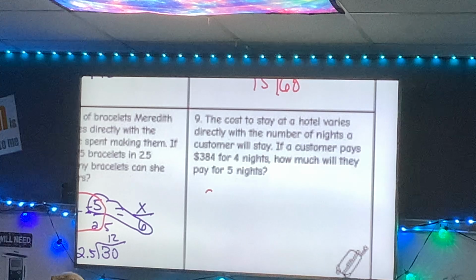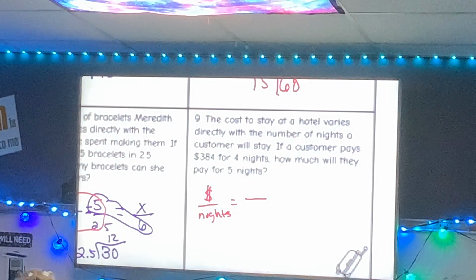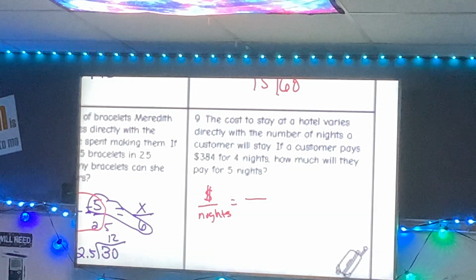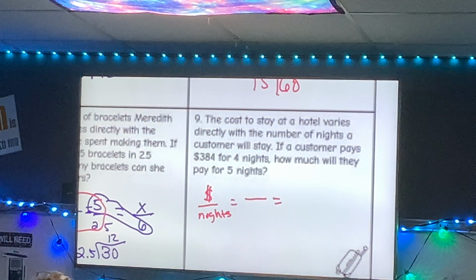Day and night. Money, nights, cost of nights. So do you see, I'm not gonna be picky, you just do what you think you need to write. Okay, that's totally up to you. Last period I put a $ sign and an N when they were still working and people started erasing. I'm like, no. You put what you want to write, okay? They just have to be labeled and have to make sense. They have to go with the equation.